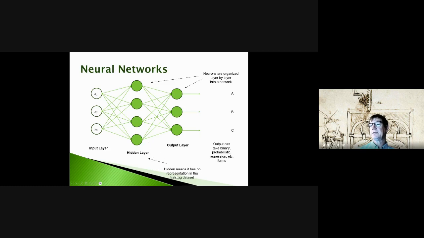Now, hidden here means that it really has no representation in the training data set. We've got input data, that's in a training set. We've got output data, that's in a training set. The output layer produces those output values, but the hidden layer, or in more modern deep learning applications, there are many hidden layers, don't have values in the training data set, but we're going to transform our inputs to our outputs using these hidden layers.